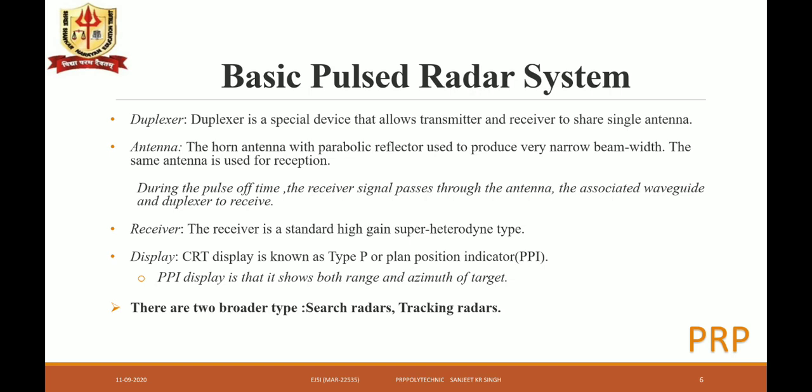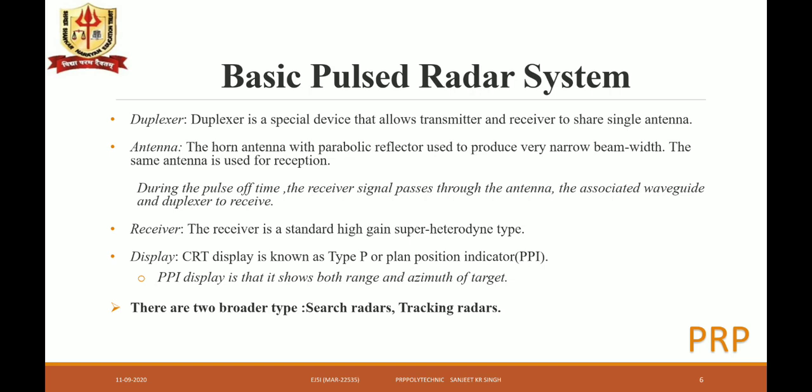The echo pulses could be in the microwatt or even picowatt order, which can be detected with the help of a very high gain superheterodyne type receiver circuit. The CRT display is known as type P or plan position indicator.